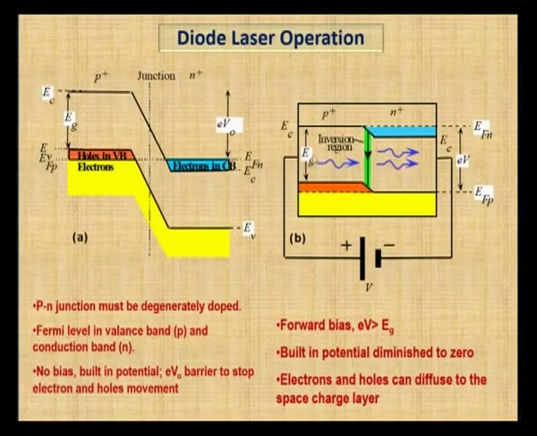This is how, when eV is greater than Eg, the inversion takes place and conduction of electrons occurs. Due to the inversion, photons will be released, and we achieve electron flow in the diode.